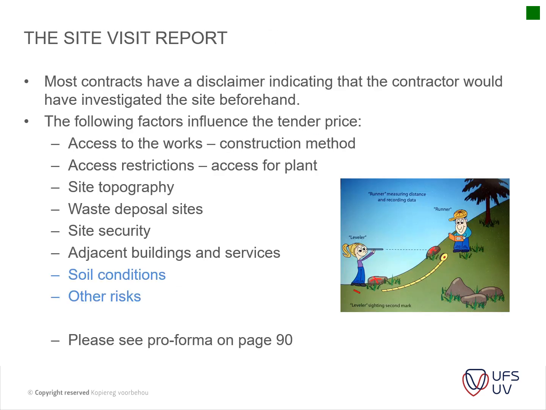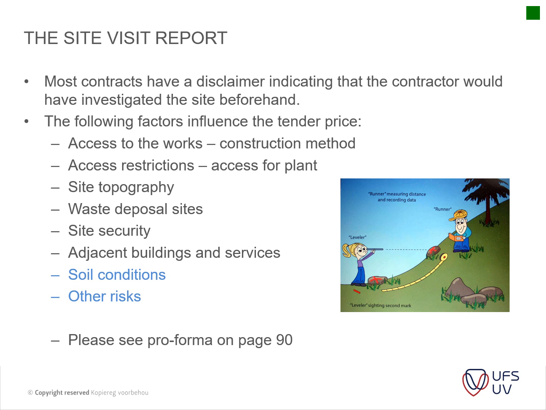Then just to look at your site visit, a very important thing. Always try and visit the site, because you do get a lot of insight from going to site, establishing whether you can maybe get a competitive edge. A good example would be if you know the area and you can see on site, but look, there are some rocky outcrops here.